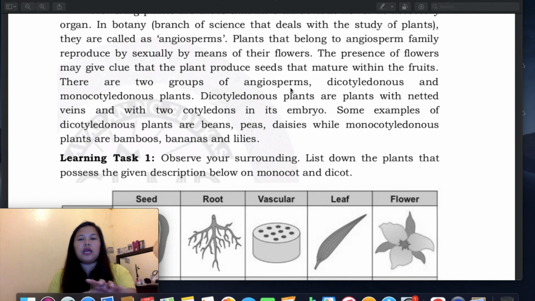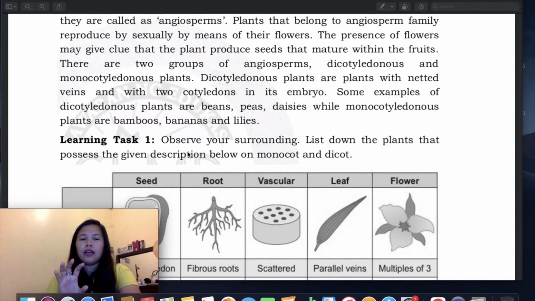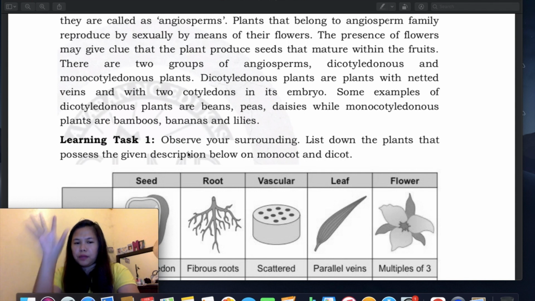So, some examples of dicotyledonous plants are beans, peas, daisies, while monocotyledonous plants are bamboos, bananas, and lilies. So, ano kaya ang mga characteristics nila, yung physical appearance nila, yung texture, and shape, kung ano yung pinagkaiba sa mga plants na yan.